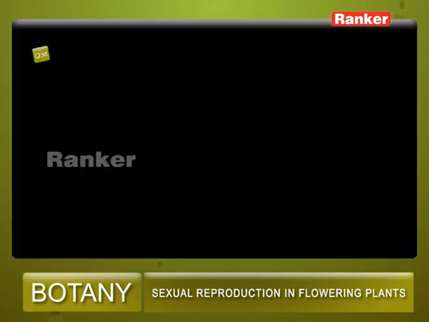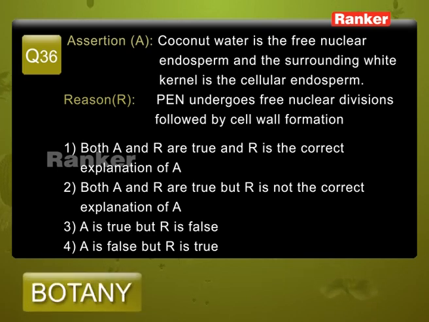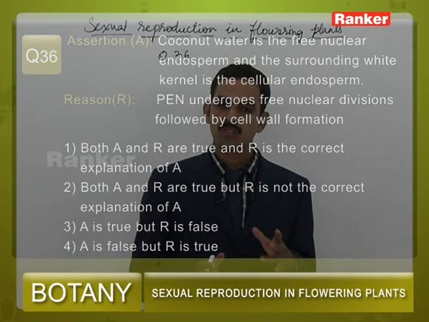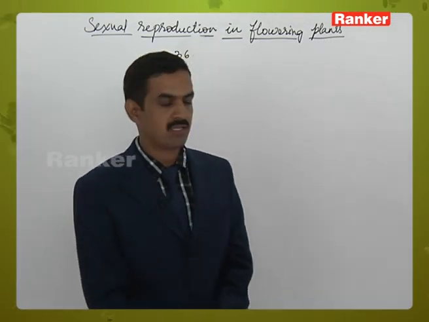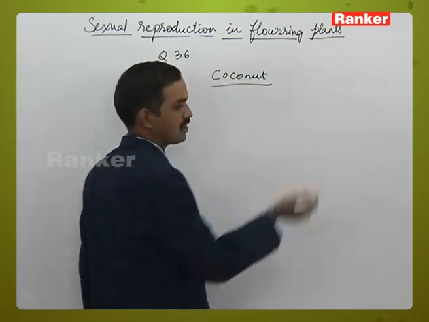Question number 36, assertion: Coconut water is a free nuclear endosperm and the surrounding white kernel is a cellular endosperm. Reason: Primary endosperm nucleus, that is PEN, undergoes free nuclear division followed by cell wall formation. So if you come to the coconut, we know that two types of endosperms are present.